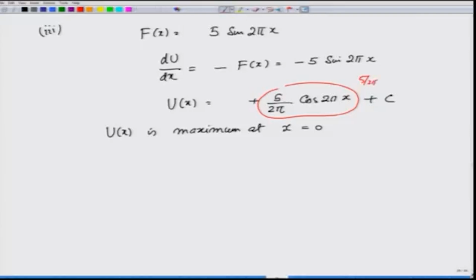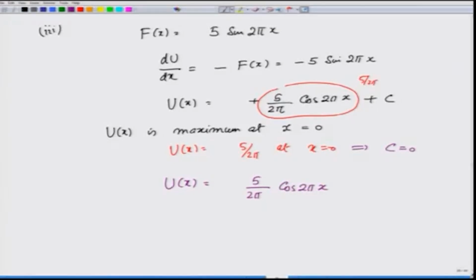So, I am going to say actually ux is equal to 5 over 2 pi at x equals 0, and then this immediately implies c equals 0, and therefore, ux is going to be 5 over 2 pi cosine of 2 pi x.